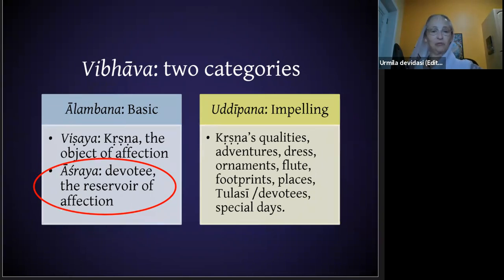If one has a parental Vibhava, a parental basic connection, the main object of that is Krishna, and everything about Krishna is the main stimulant. The other devotees who have a parental connection are the main shelter. They're another main stimulant of one's parental connection. And then there's all kinds of other things which also stimulate, Krishna's ankle bells and so forth.